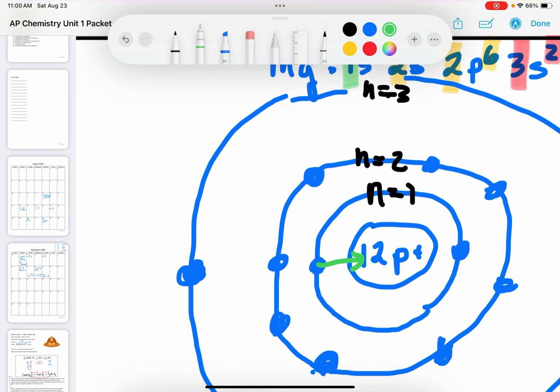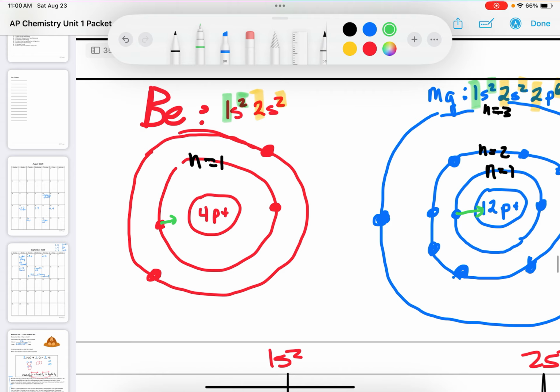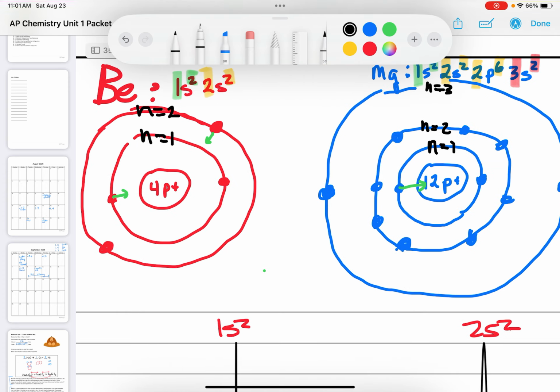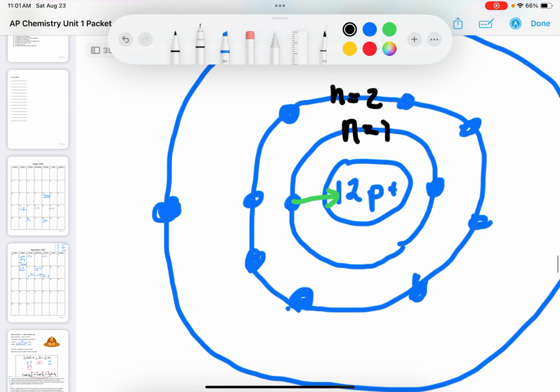And this logic still stands for the second energy level. In the second energy level, like this electron right here, okay, in this second energy level, there's 2 things happening. First is we have 4 protons pulling on those electrons, pulling it in. And then the second thing is that we have 2 electrons in the first energy level that are trying to push the second energy electrons away. And notice that the number of electrons pushing away is the same on this next one here.